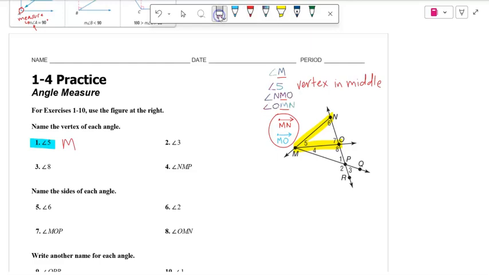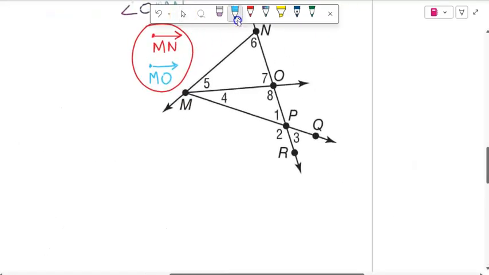Next, the vertex of angle 3. Y'all didn't draw this part of the drawing, no worries. I'm just going to zoom in here for us. So I'm going to highlight angle 3, just like that. Where's the vertex of angle 3? P. Yeah, it's where the two rays connect.